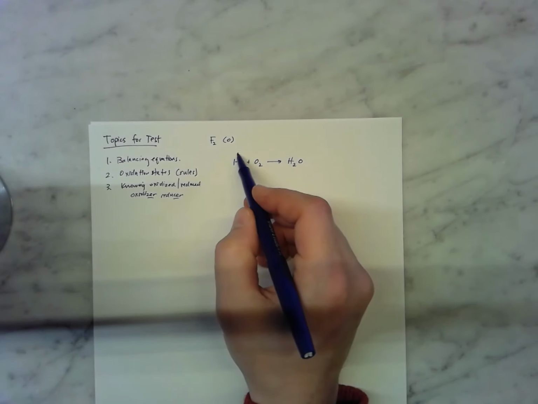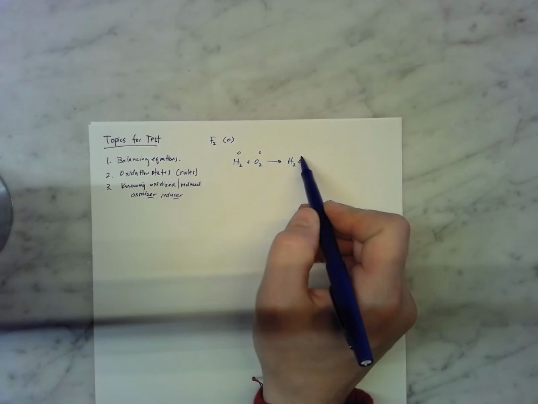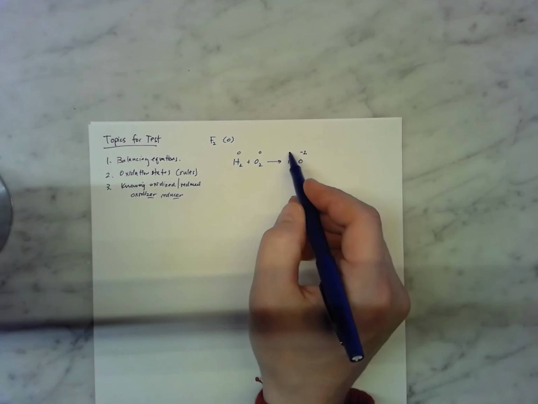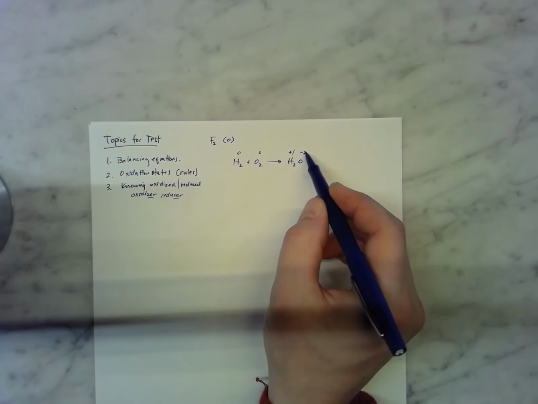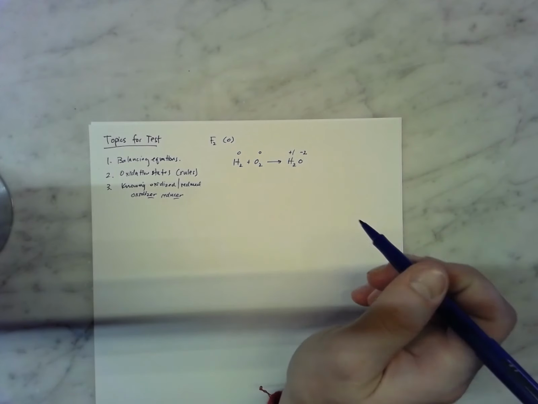These are lone elements, so that's 0. This is 0. And we've got a -2 for oxygen, as our rules say it should be. And that gives us a +1. 2 plus 1s make a 0 with a -2. So everything follows the rules, easy peasy here.